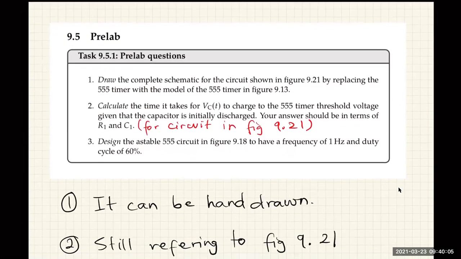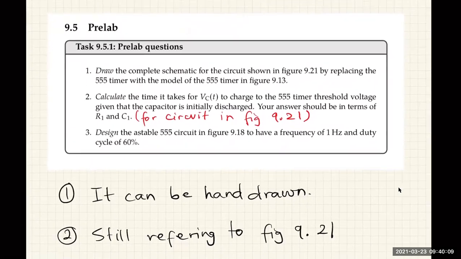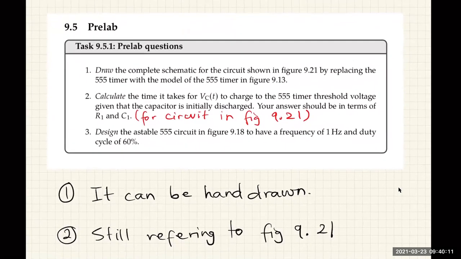Okay. Second question is asking you to come up with an expression. So it's asking you to calculate the time it takes for VC to charge to the threshold voltage.